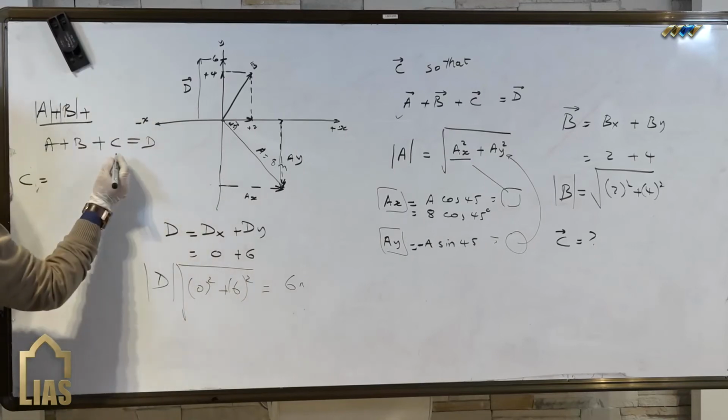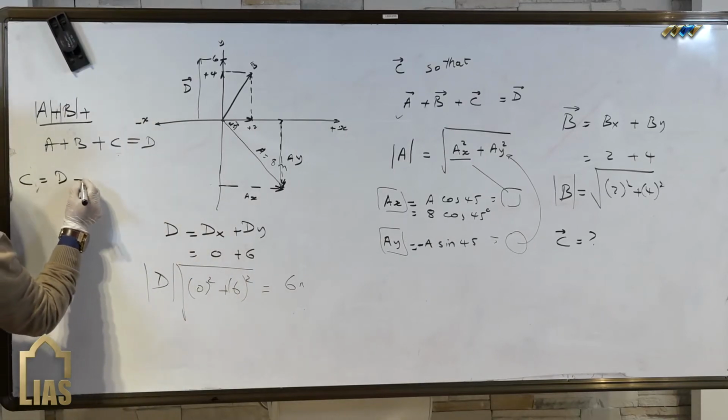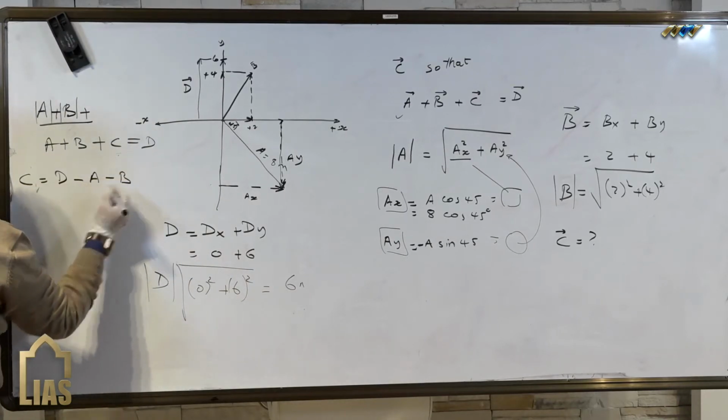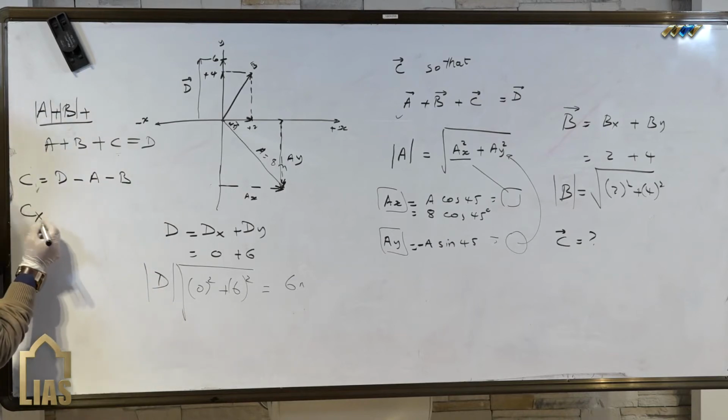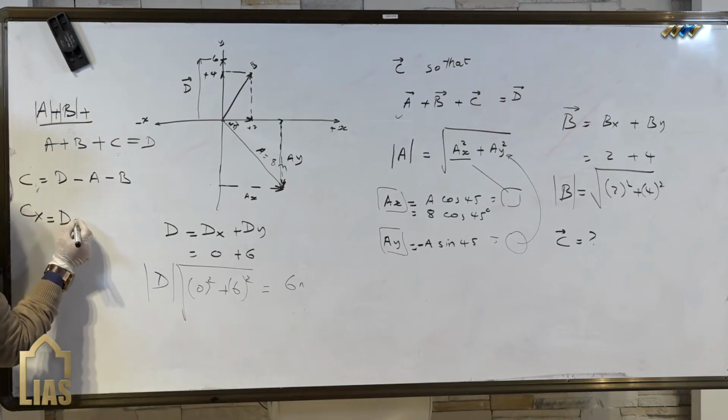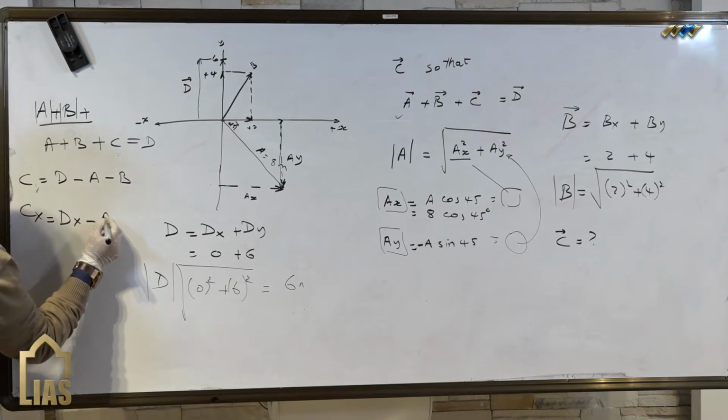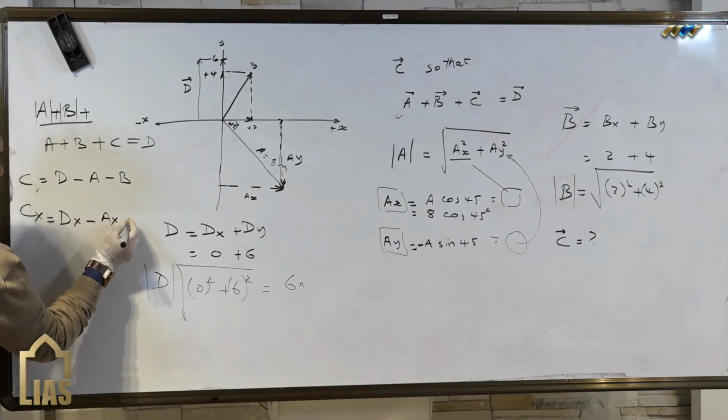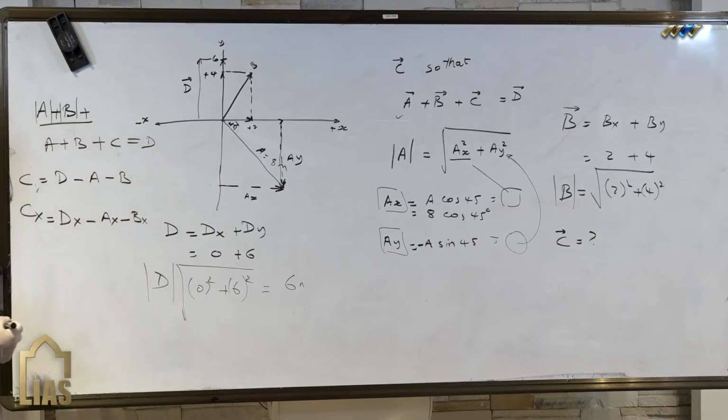Here, C is equal to D minus A minus B. Cx is equal to dx minus ax minus bx. Okay?